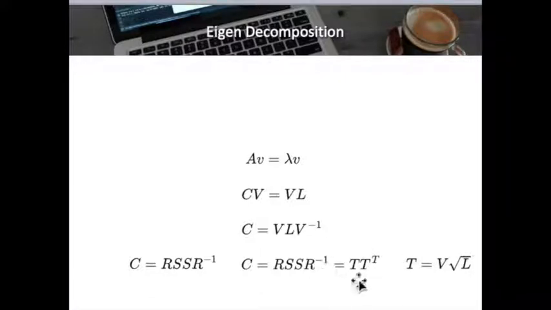All right, so we got our definition for the covariance matrix back. This is due to the property that R to the power of minus 1 is equivalent to R transpose, which is true because R is orthogonal, and S is equivalent to S transpose because it is a diagonal matrix.